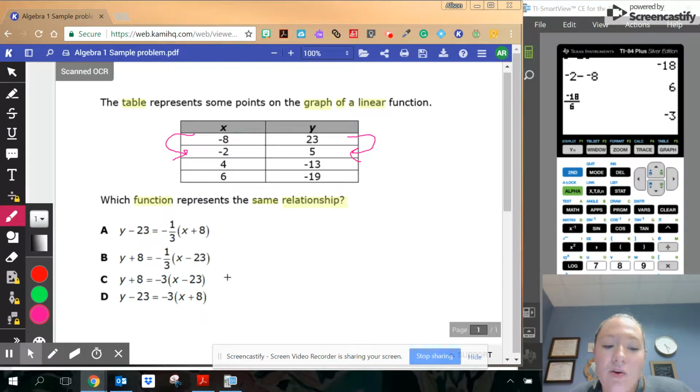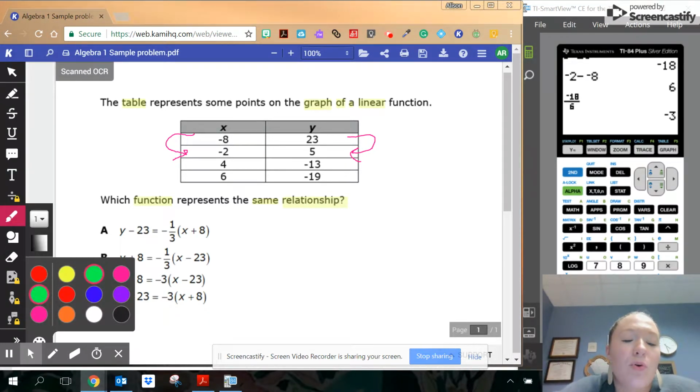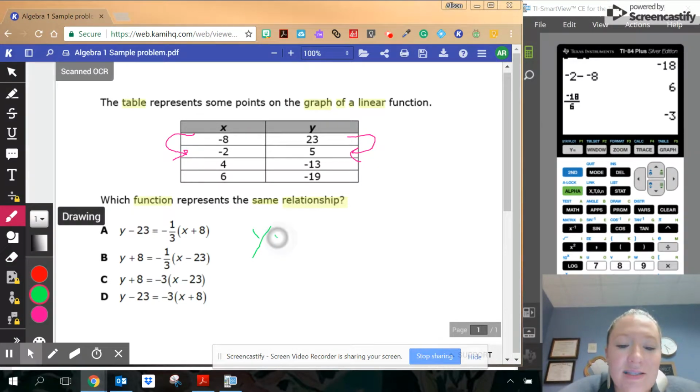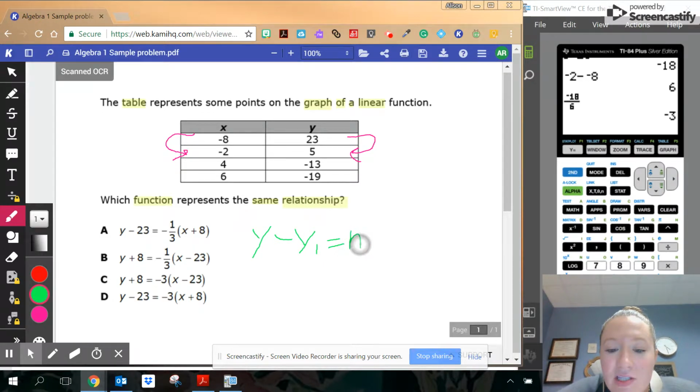Now, how do I know where my negative 3 is? I see negative 3 here. Why is that my slope? All of these equations are written in point slope form, and you can see this on your reference material. Point slope form is y minus y1 equals m times the quantity x minus x1.